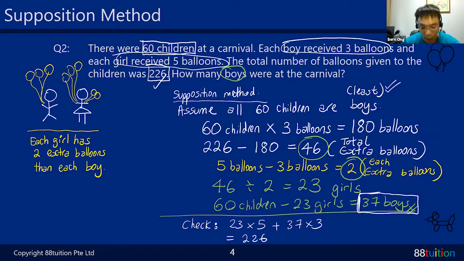When you take the 226 minus the 180, that is the extra, correct? So you're right. Every time you take the least, there will always be a difference, and this difference is the extra, correct? And this extra comes from where? It comes from the opposite, not from the boys really, it's from the girls. So you start off with the boys, you end off with the girls.